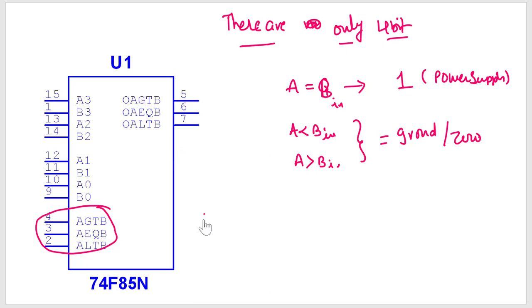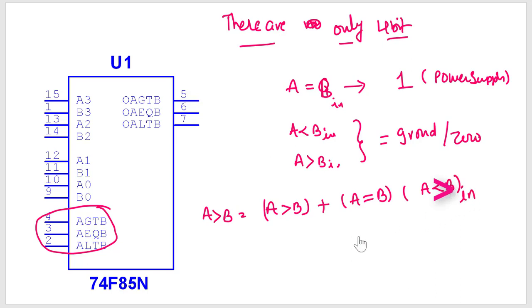If you connect in such a fashion, now look at the output side. Your A greater than B output, you already know, is A greater than B plus A equals to B into A greater than B in. When A greater than B in is 0, this entire term is 0.